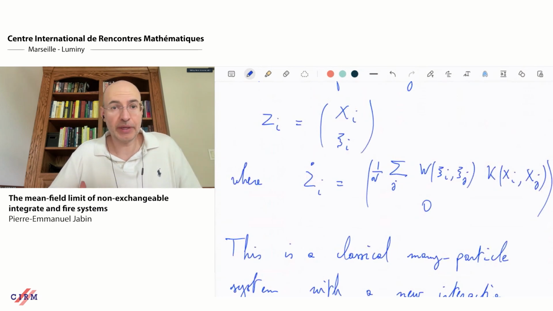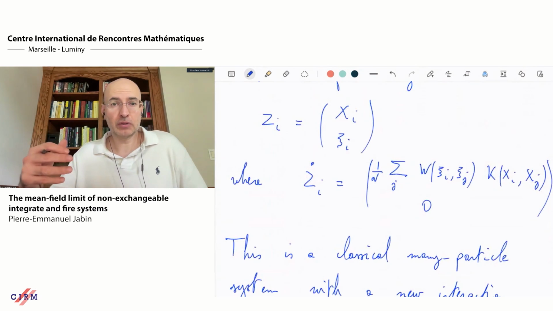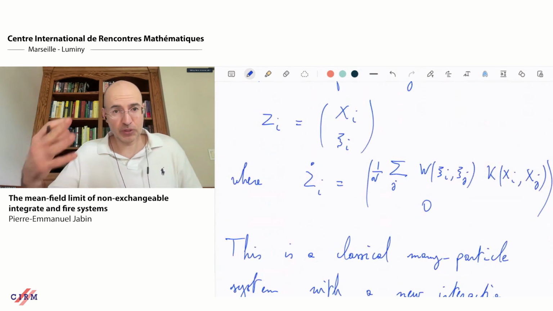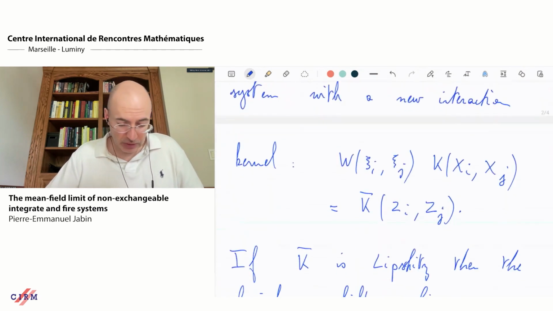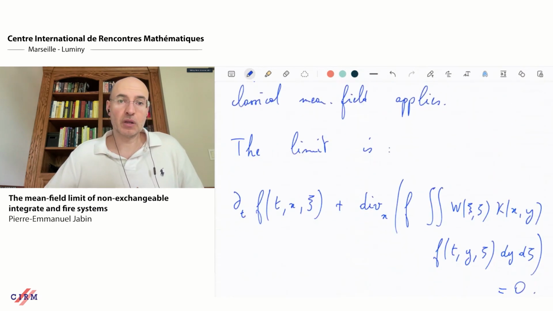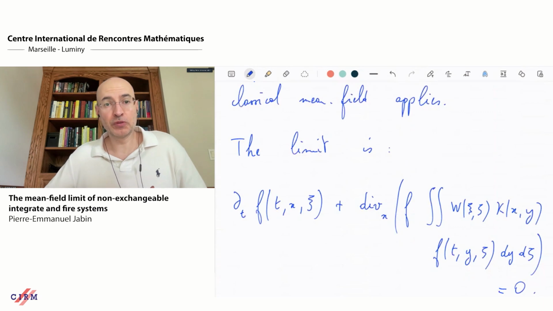So psi I are given once and for all, they don't evolve in time. And so they really play more of a role of a parameter here. And so if you're really trying to do Gronwall estimates, the type of things that you're doing for the classical mean field approach on the empirical measure, for example, you don't have so much problem with psi. And so you don't need that W Lipschitz.